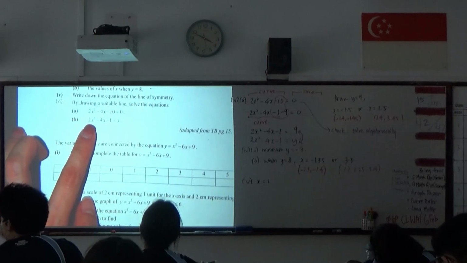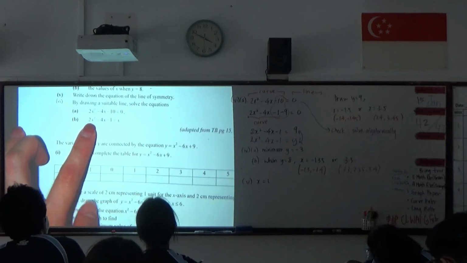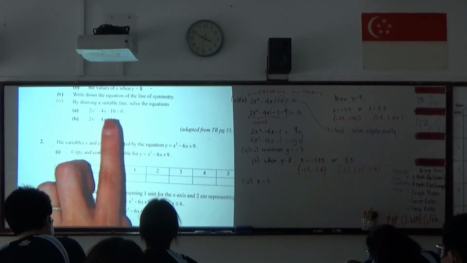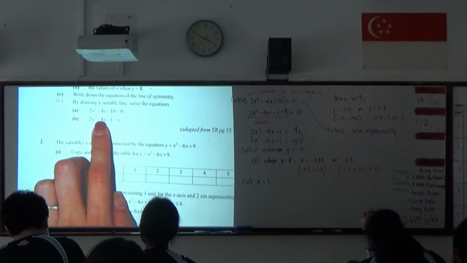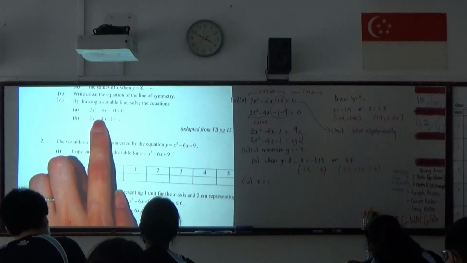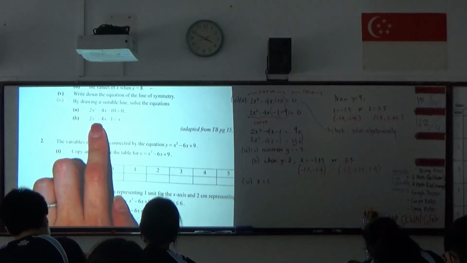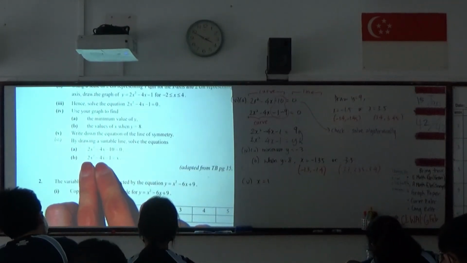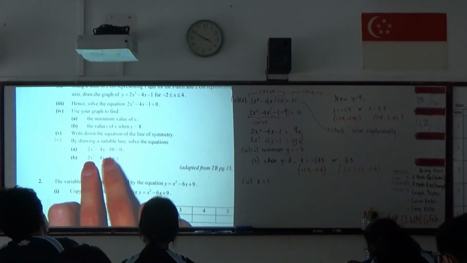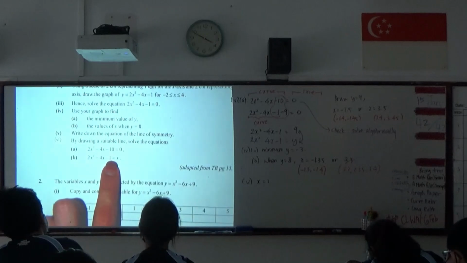Okay, last one. We have 2x squared minus 4x minus 1 equals to x. This one is simple because we already see the curve equation over here. 2x squared minus 4x minus 1. We have the expression for the curve already on the left. So what is it that it is equals to? It is equals to x.